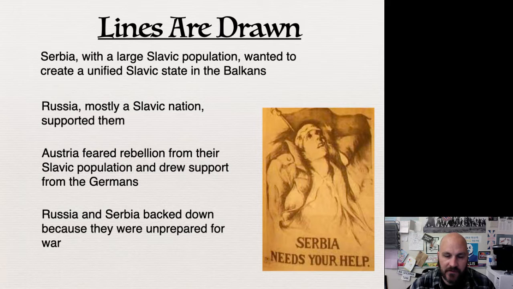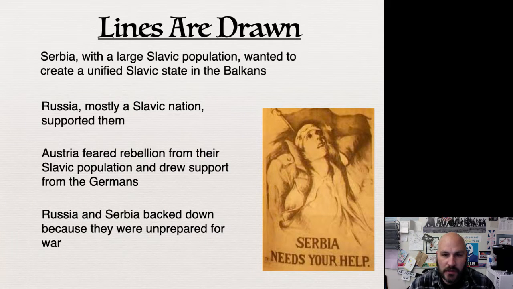Serbia, in particular, a very small country, is going to be in the forefront of this assassination issue, and it has a really large Slavic population. It wanted to create a unified Slavic state in the Balkans, but unfortunately, that was not to be, mainly because of the influence of the Austro-Hungarian Empire in that region.